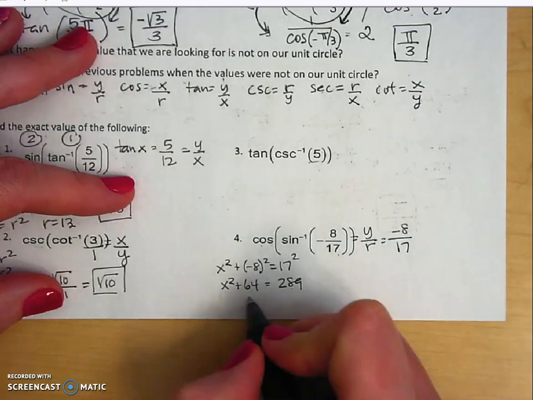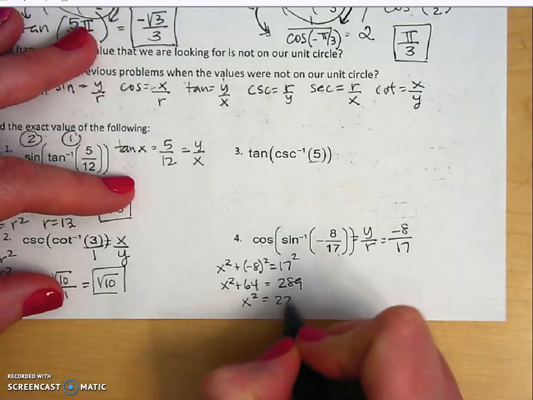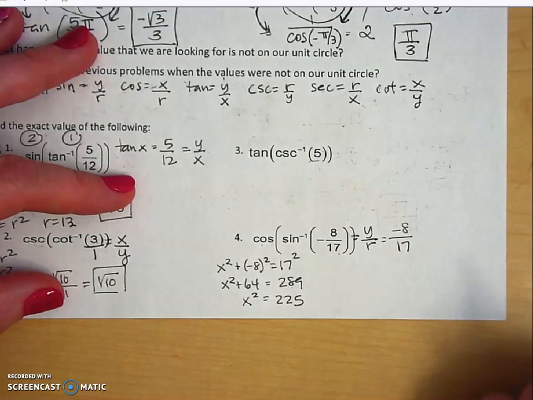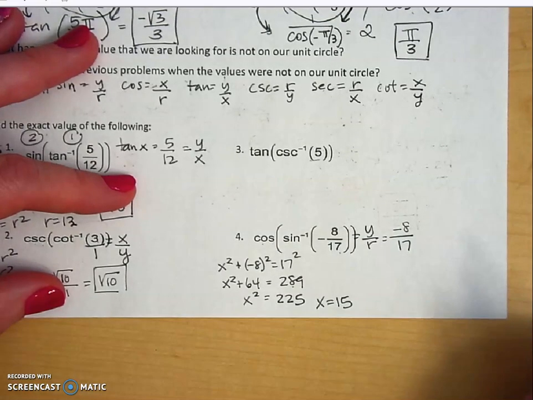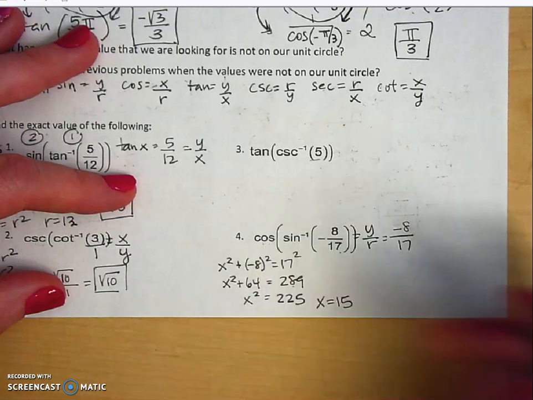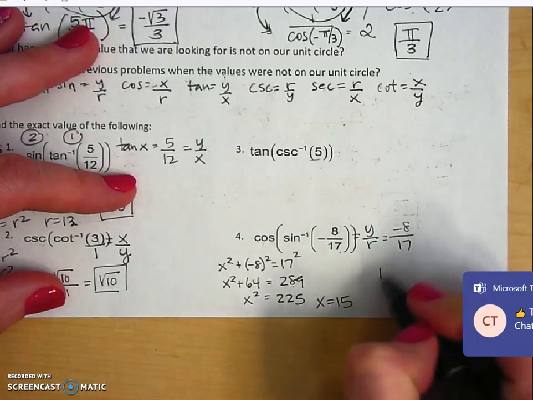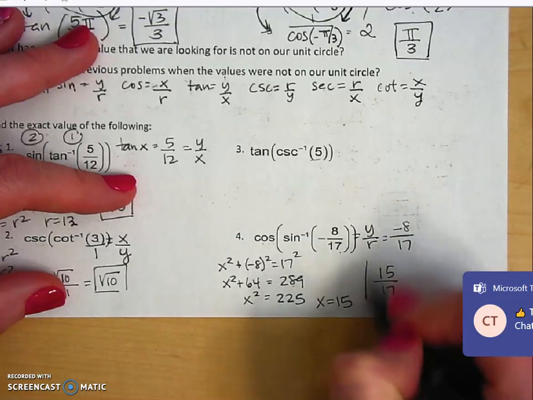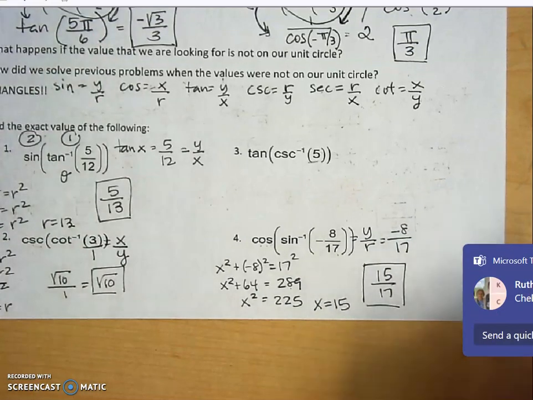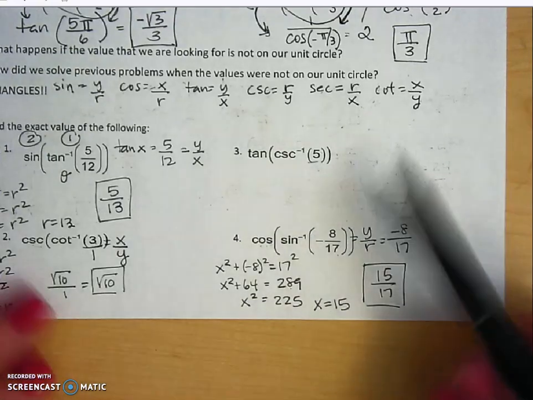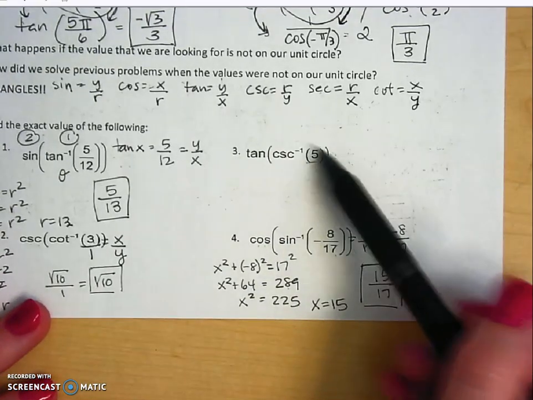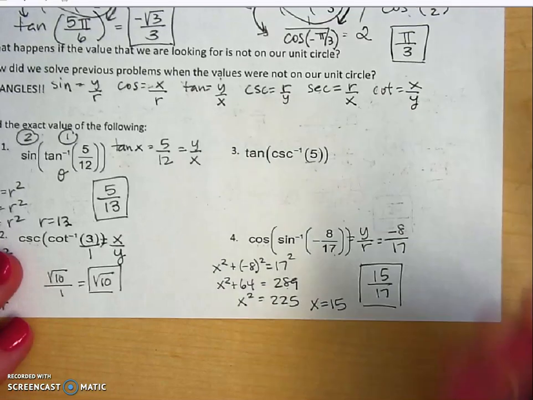Subtract 64 from both sides gives me x squared equals 225. And square rooting both of those gives me x is 15. So cosine is x over r, or 15 over 17.